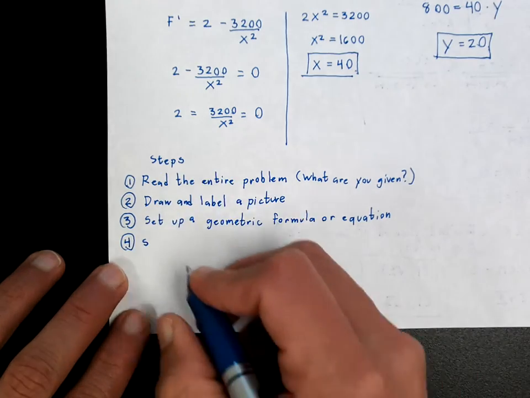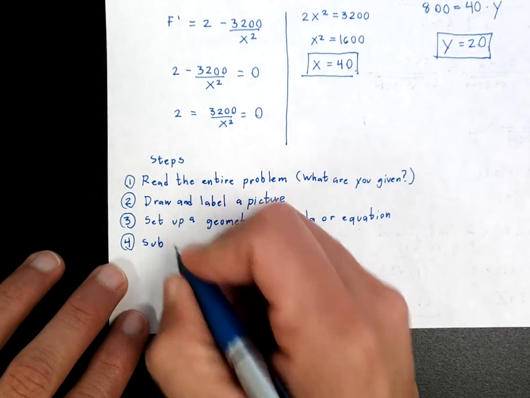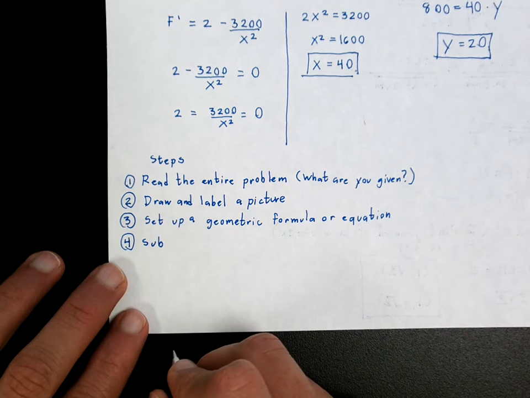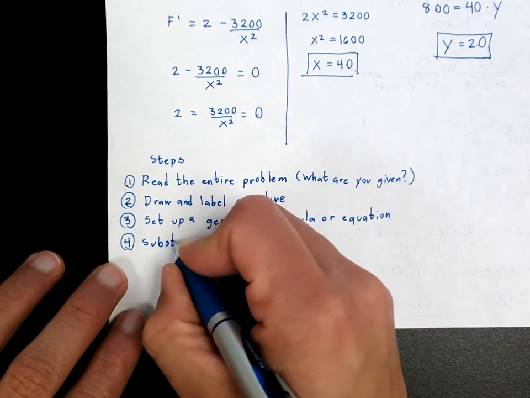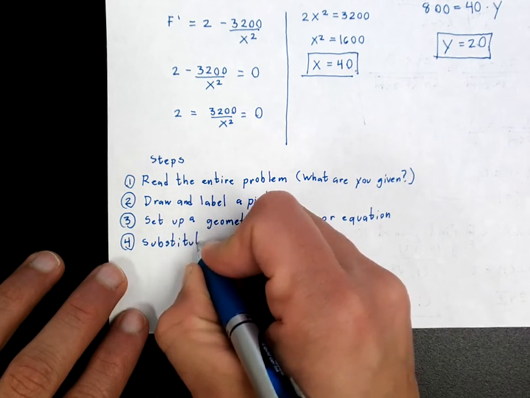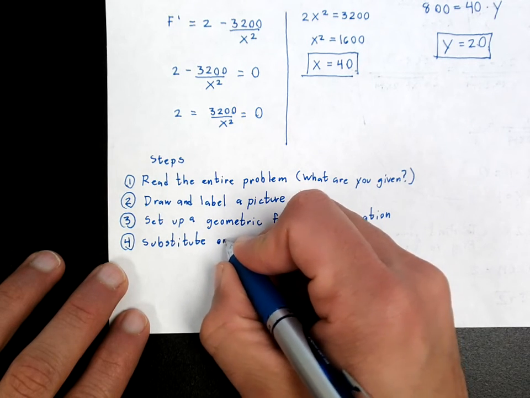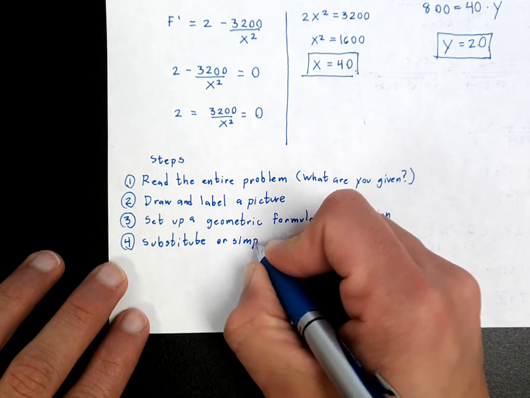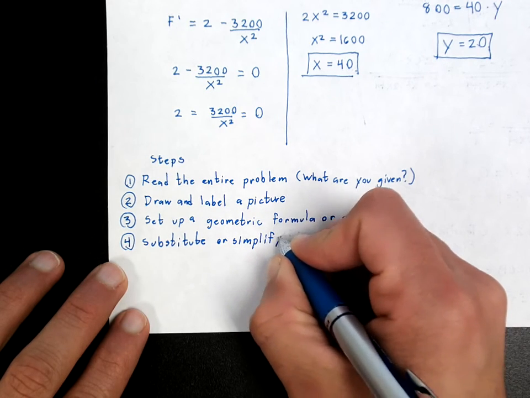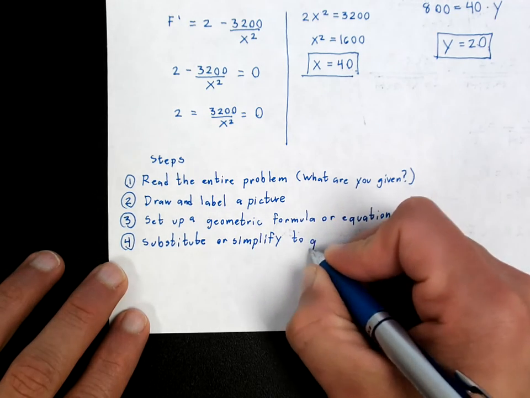Step number 4, you're going to substitute or simplify to get one variable.